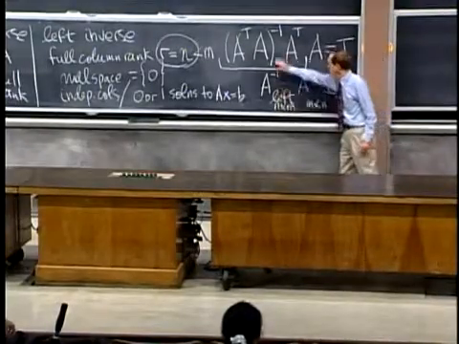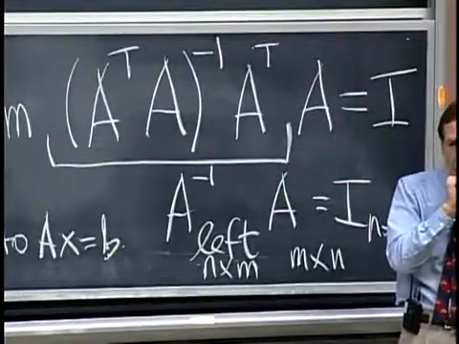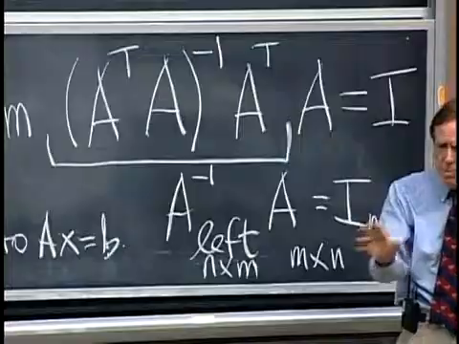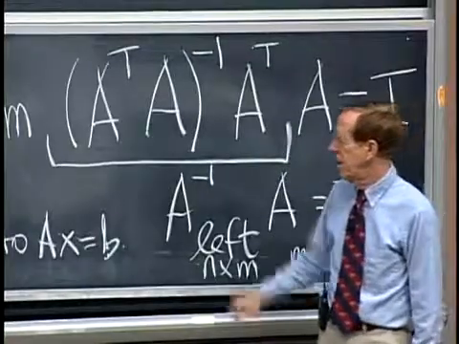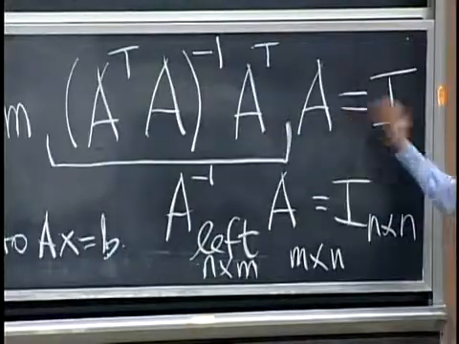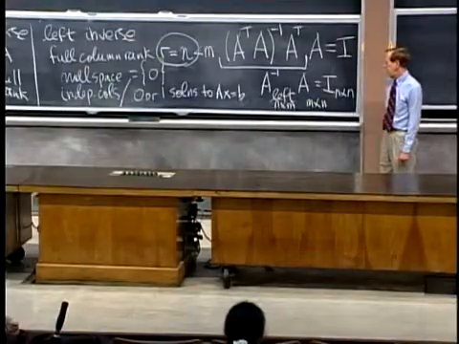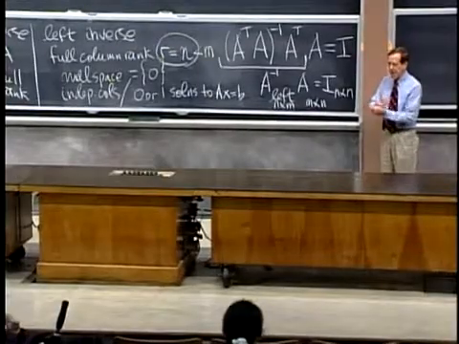So this is invertible, but what matrix is not invertible? A transpose is bad for this case. A transpose A is good. So we can multiply on the left, everything good, we get the left inverse. But it would not be a two-sided inverse.